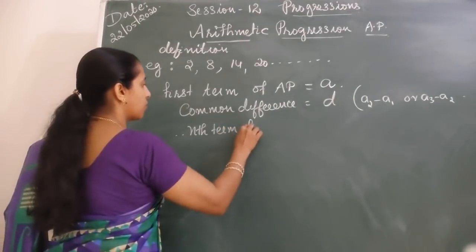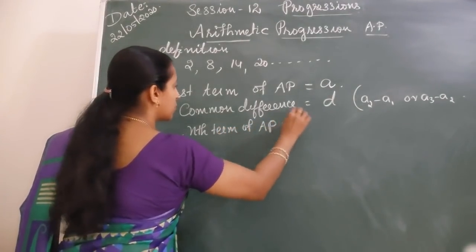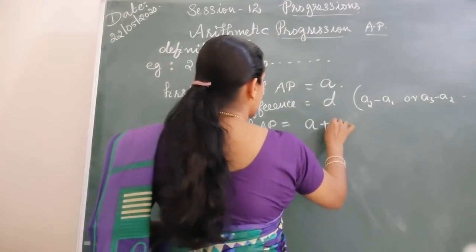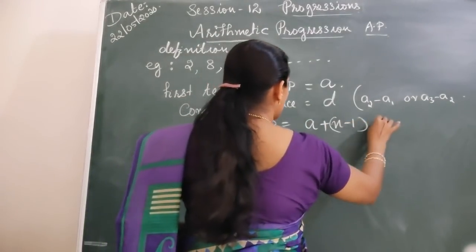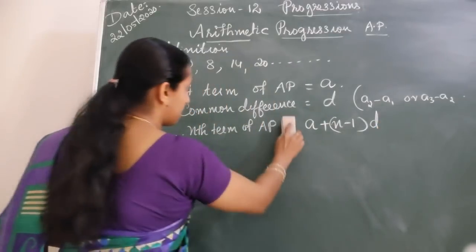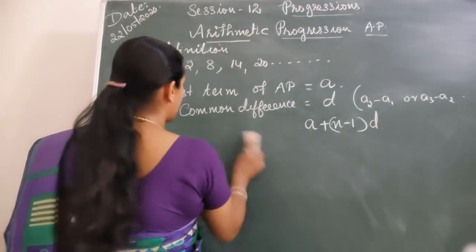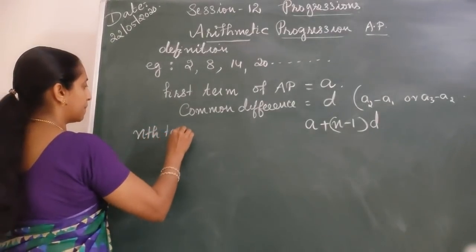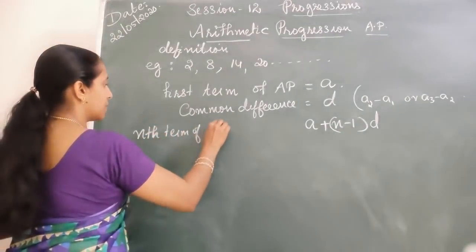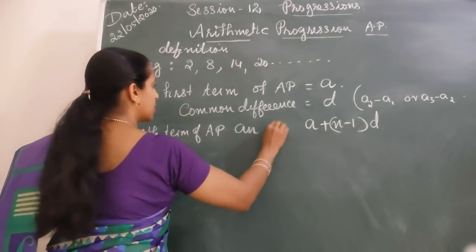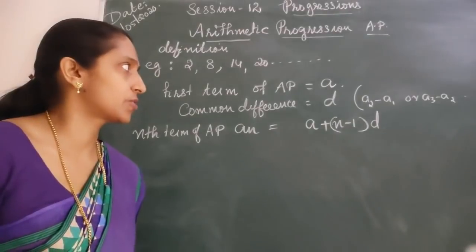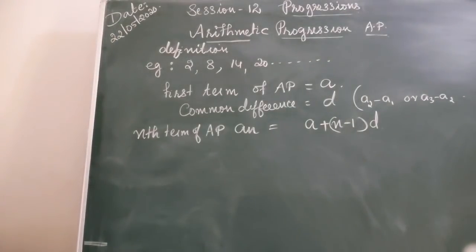Therefore, the nth term of AP, AN, is A plus n minus 1 into D. Note down up to there.